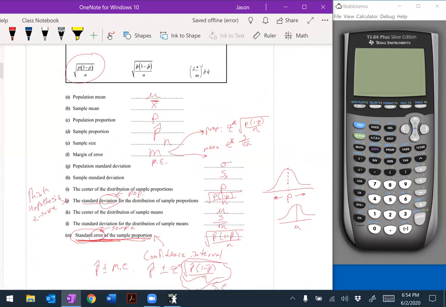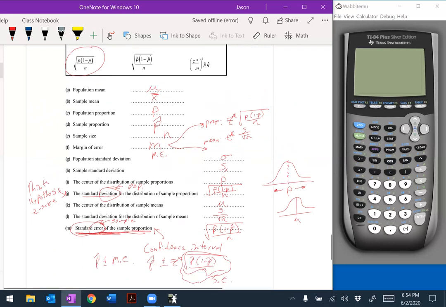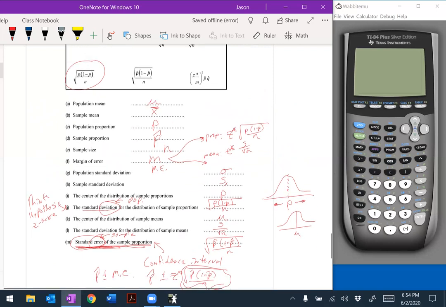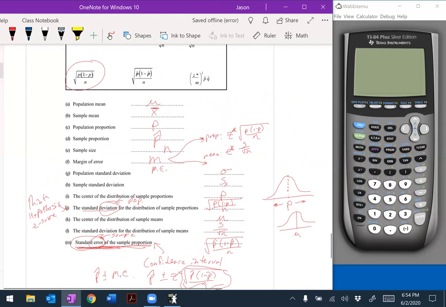Also, Professor, on number A, population mean, the answer sheet uses the U with the long stick, like a P but not a P, instead of the mu that you used.